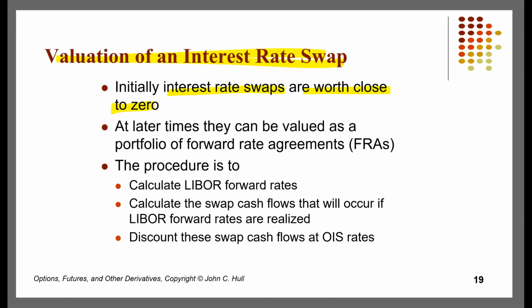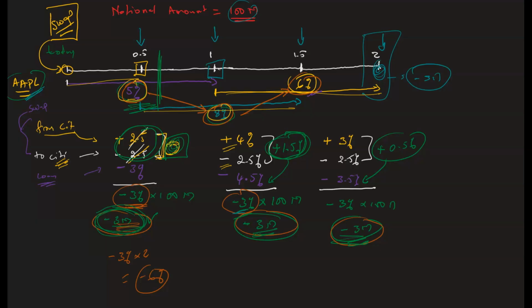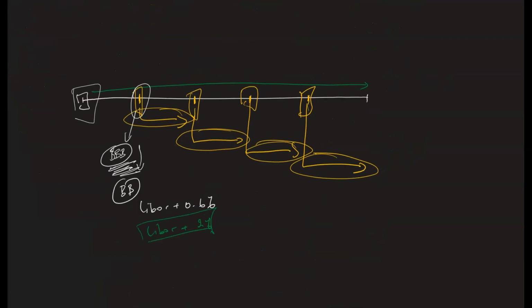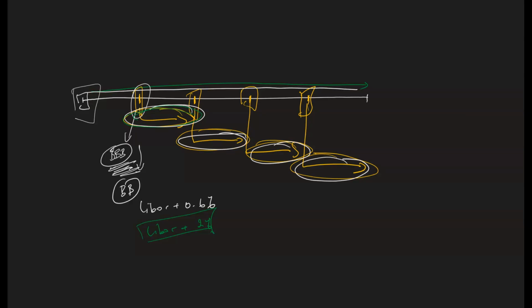And so the approach is going to be to say that at later times, they can be valued as a portfolio of forward rate agreements. And the reason we are looking at them as a portfolio of forward rate agreements is because we are replacing this series of variable rates for a fixed rate. And so our goal is to see, if we go back to our board here, we're replacing this series of variable rate. Let me use this one. This series of variable rate here for a fixed rate.